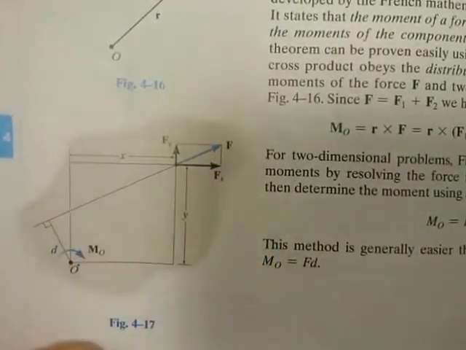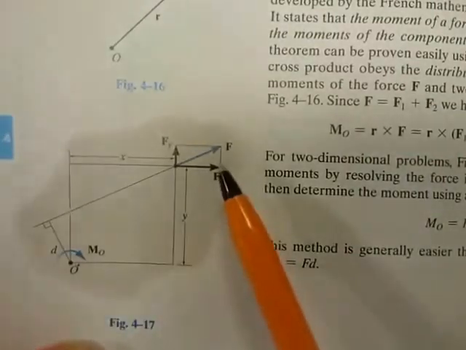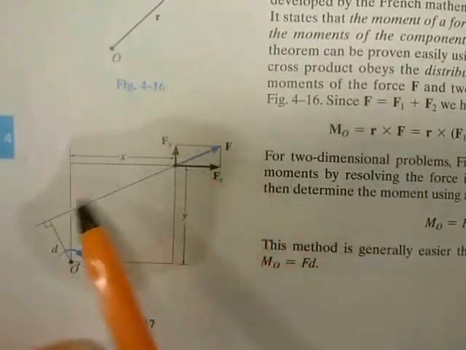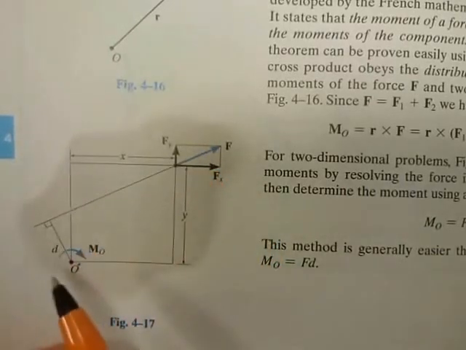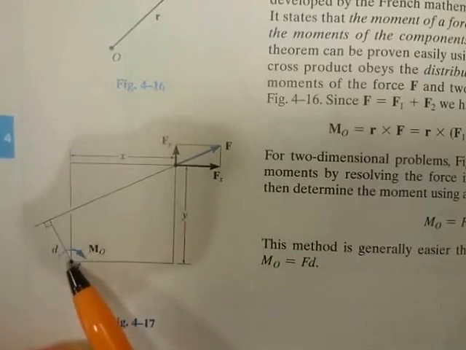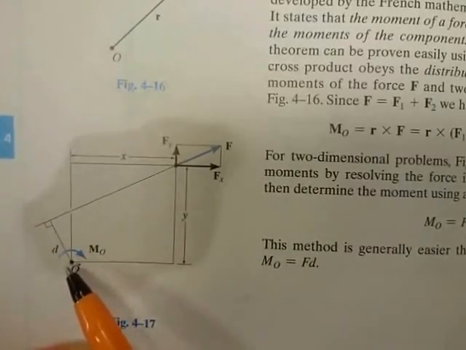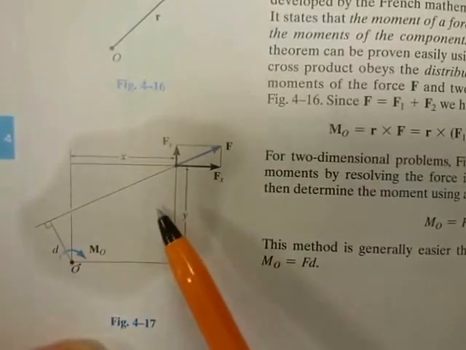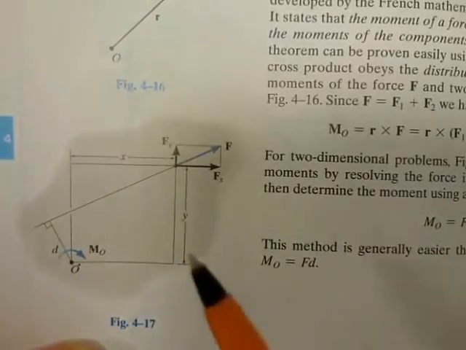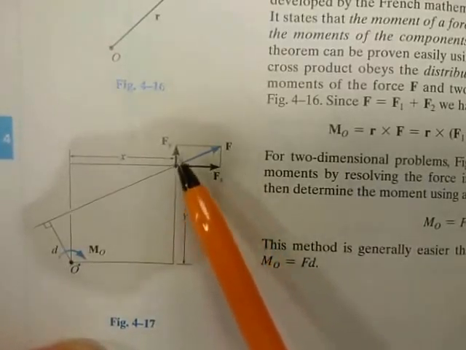But sometimes, given the geometry and the information that we have received, it is not possible to determine this moment arm directly. So what can we do? We break up this force into components.